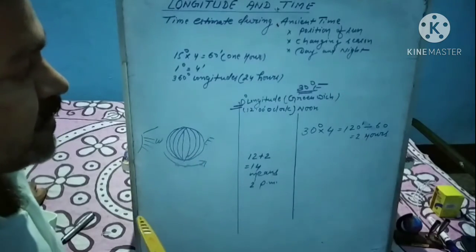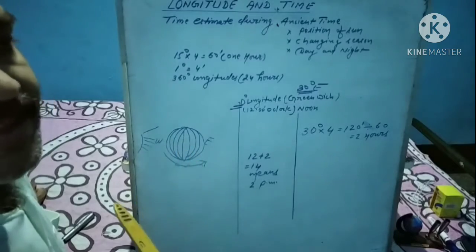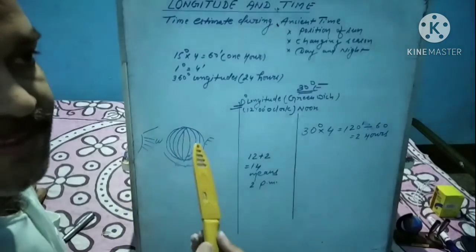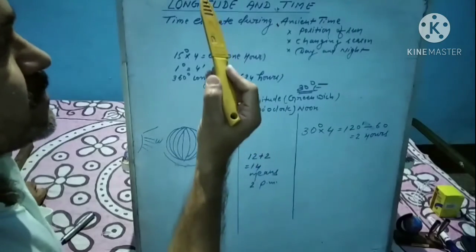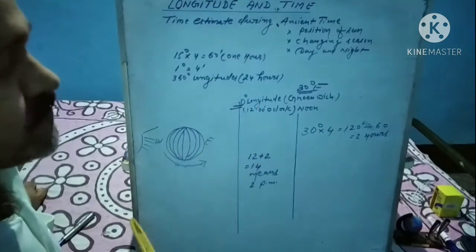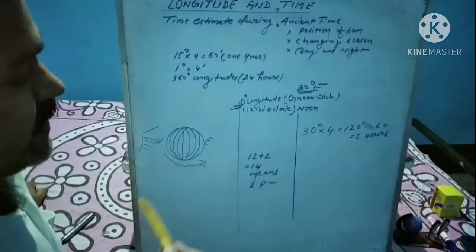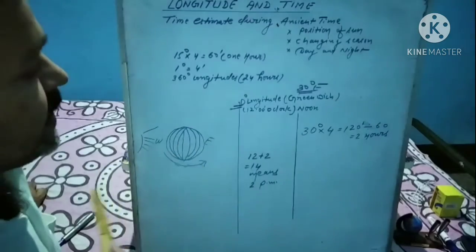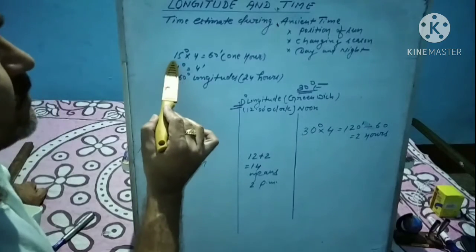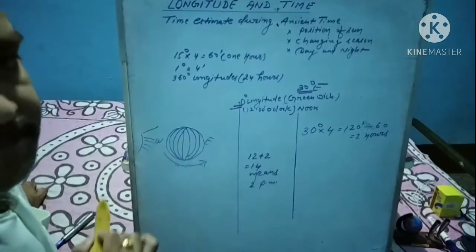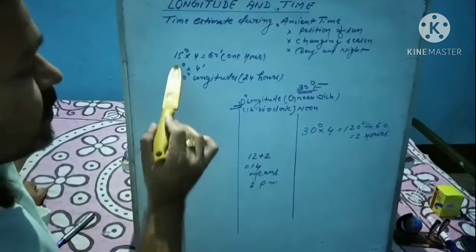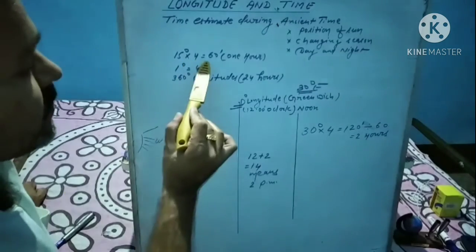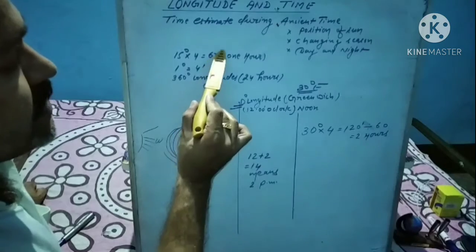But it is scientifically proved that time we can calculate according to the position of longitude. Here is written some facts which are very essential for you to know. Here I have written 15 degree multiply 4, thereafter written 60 minutes.